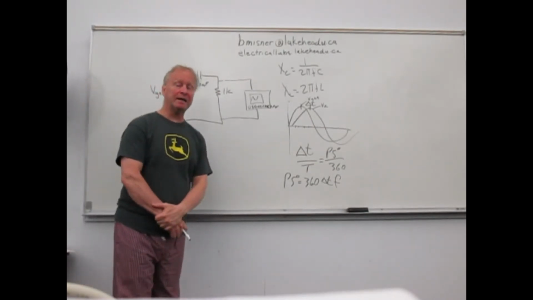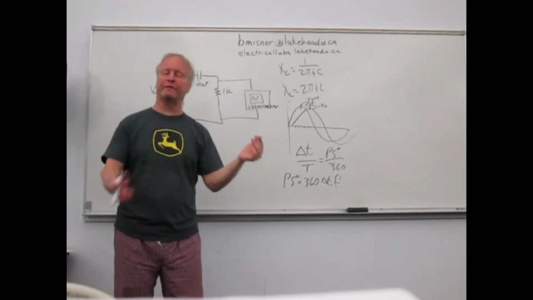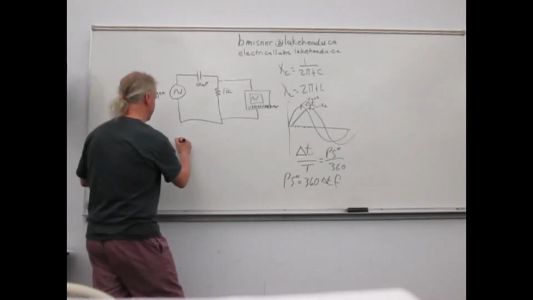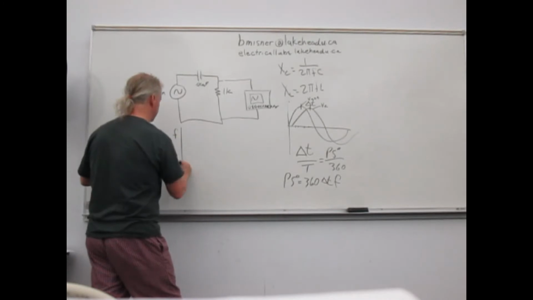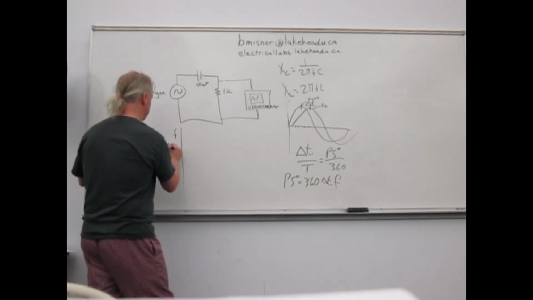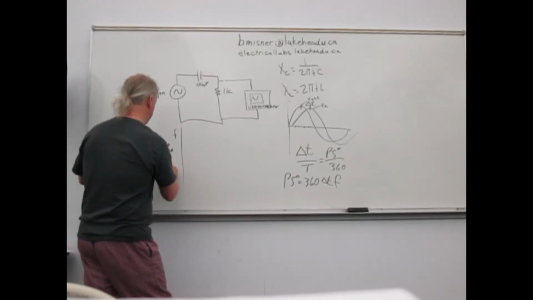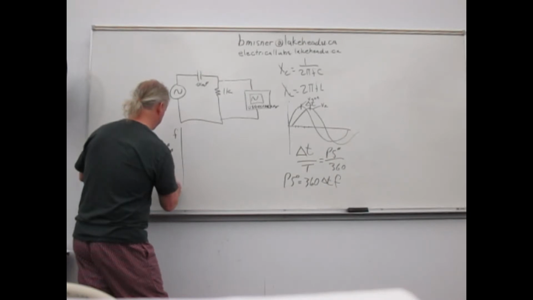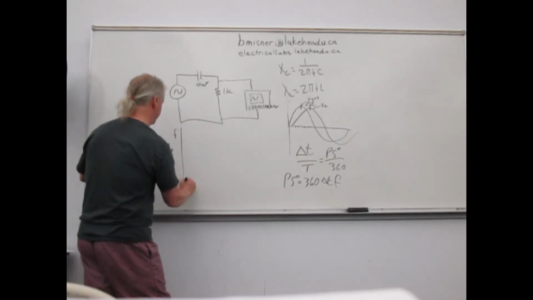Okay? So for the first part, we've got to make up a table. So the table's going to look like this. We're going to have frequency here, right? We're going to have 100, 500, 1,000, 5,000, 10,000, 50,000, right?